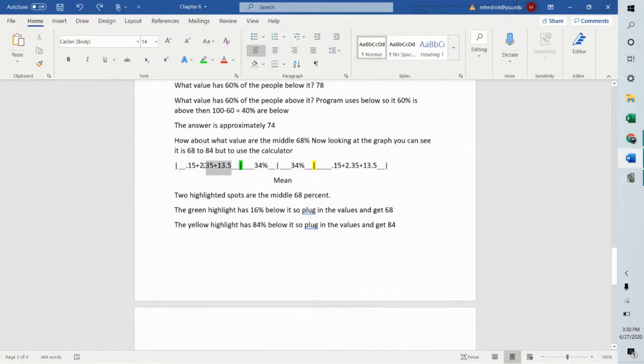So we need to add these values. And if you add those up, you get 16%. That's where I got the 16 from. These add up to 16. So we'd plug in 16 and we should get 68.